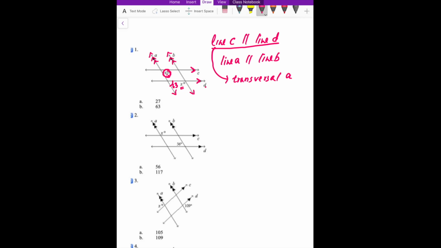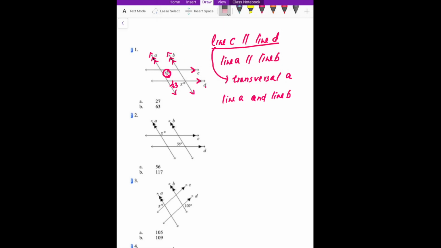Now when I look at line A and line B, I can see 63 and X are same side interior angles. Same side interior angles are supplementary.